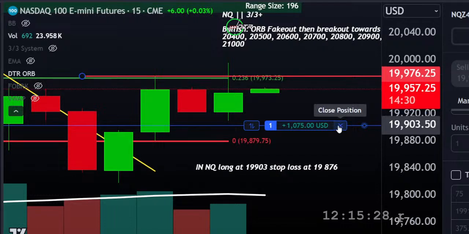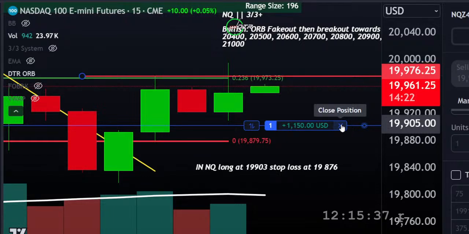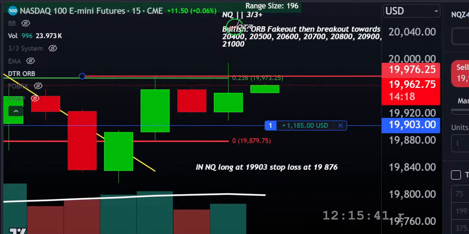64 is green. It did hold above 50. There's 64. Come on.